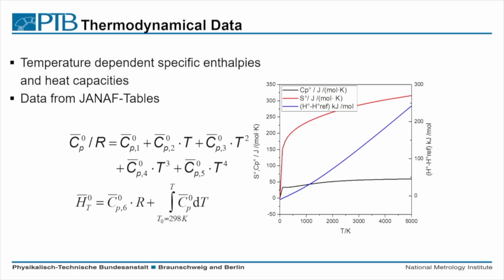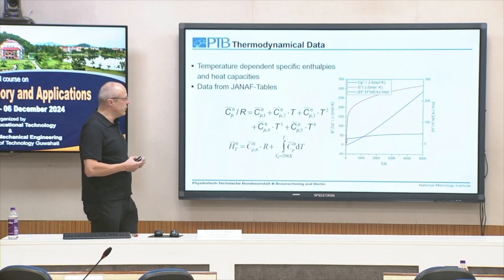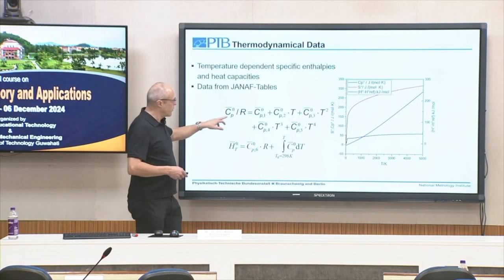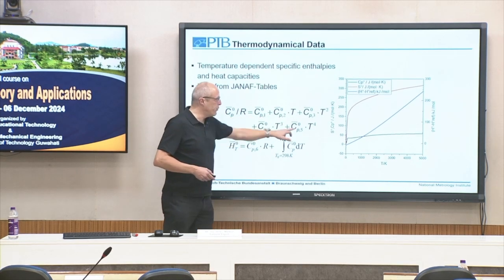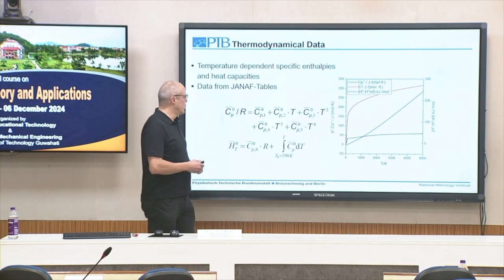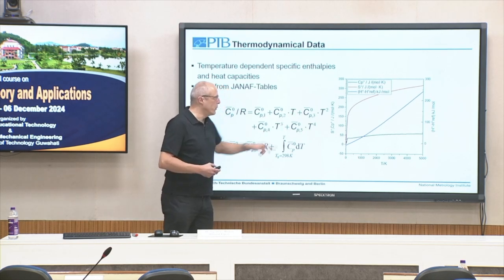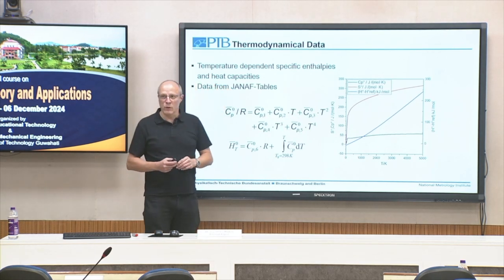Mostly you can find these data in so-called JANAF tables. So you have 5 coefficients given there to calculate the heat capacity with this polynomial with respect to temperature.